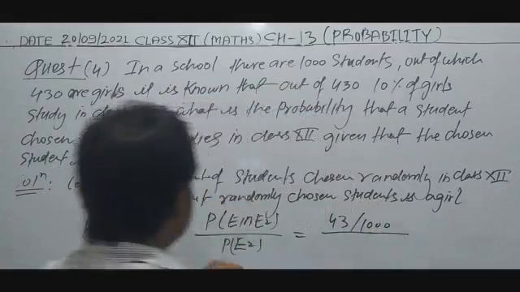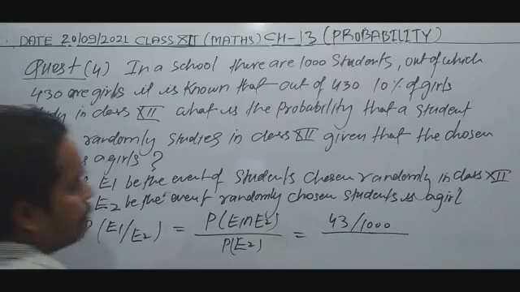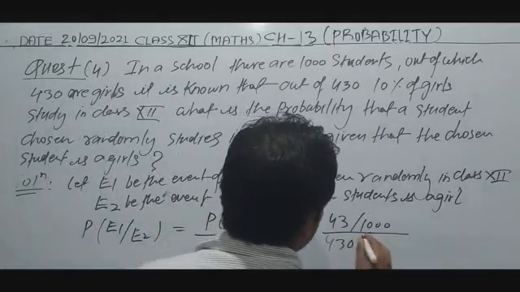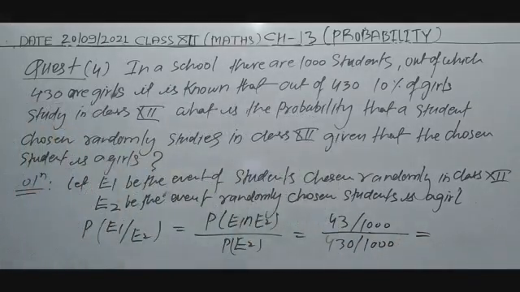Now probability of E2: the total number of girls is 430. So P of E2 will be 430 by 1000. So what will be the result?